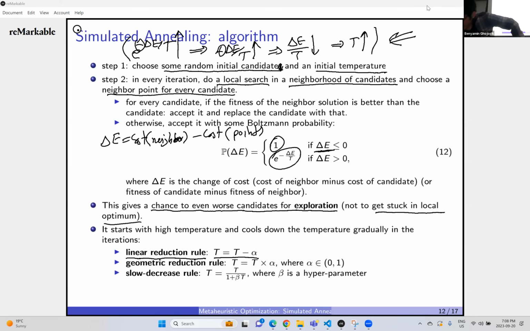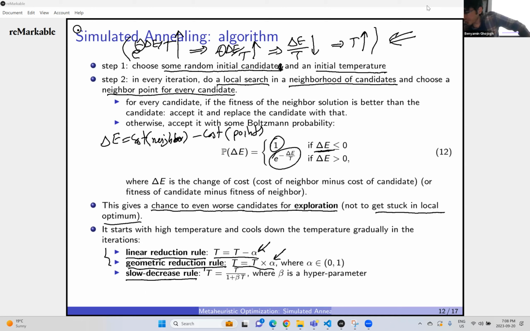Also, we can decrease it geometrically, multiplying it by some alpha between 0 and 1. Also, we can have a slow decrease rule. Why? Because these two decrease at high rates. For this not to decrease too much, alpha should be close to 1.